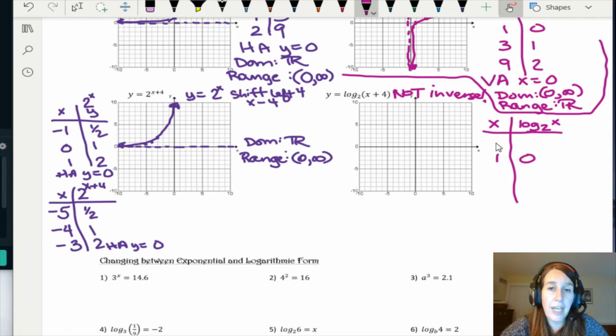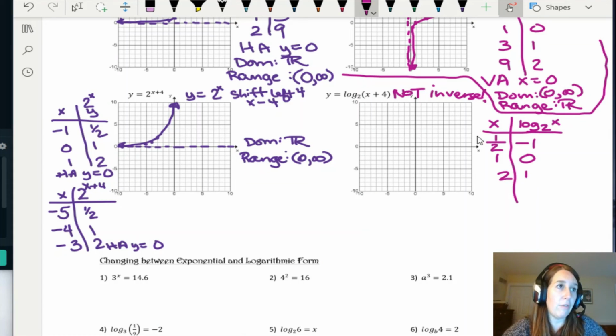Instead of having negative 1, 1 over a, I would have 1 over a, negative 1. Oh, and sorry, we're using 2. So I'm going to switch that a out to a 2 for this specific problem since the base is 2. And then instead of having 1, 2, I would have 2, 1, right? So this is the standard, the parent function for the log.